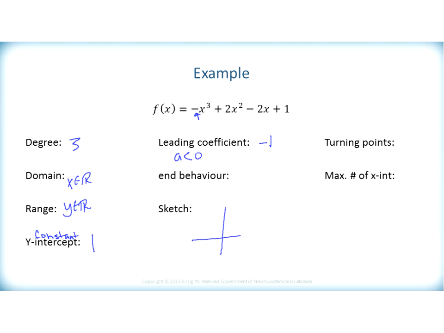So we have a backwards n-shaped graph. And that means the end behavior will be quadrant 2 to quadrant 4. The maximum number of turning points is 2. Of course, it could also have 0 or 2 turning points. The maximum number of intercepts would be 3.